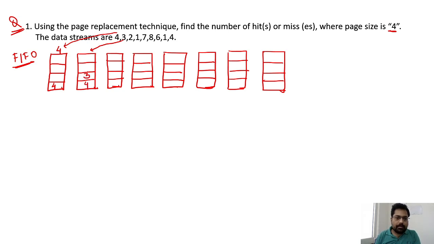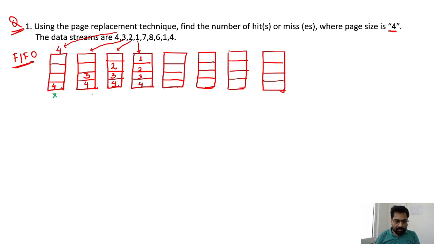4, then 3 because 3 is not there. By the way, first thing is you have to fill it. Next, 2 is not there and the space is available, you can write 2. Then for 1 you can write 1, 2, 3, then 4. This is said to be compulsory miss. Why?